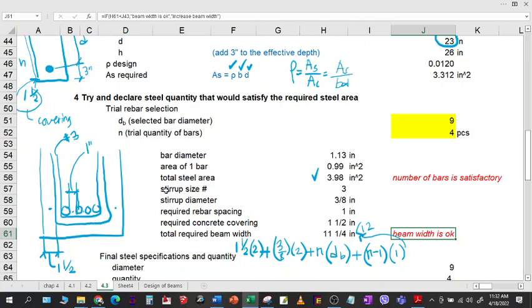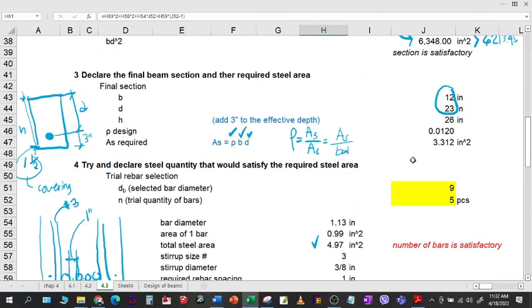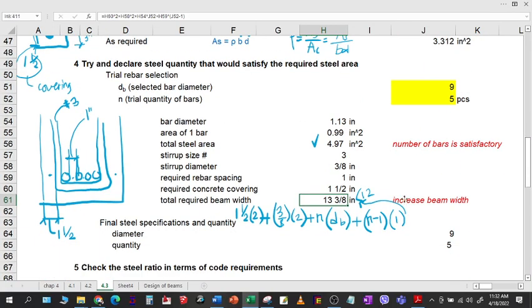So it needs to satisfy the total steel area, and also it needs to satisfy the total beam width. If you go for 5 pieces, for the sake of example, the total required beam width will already be 13 and 3/8 inches. And that is higher than 12 inches. So it will say increase the beam width.